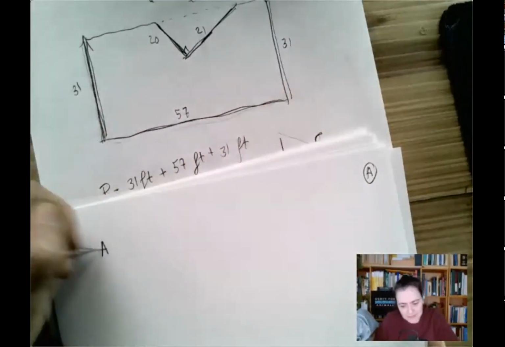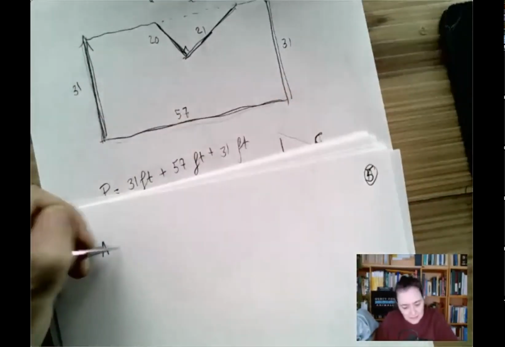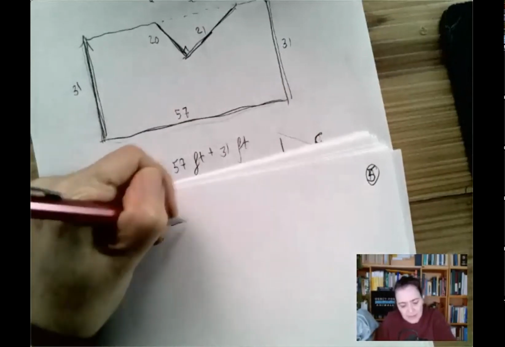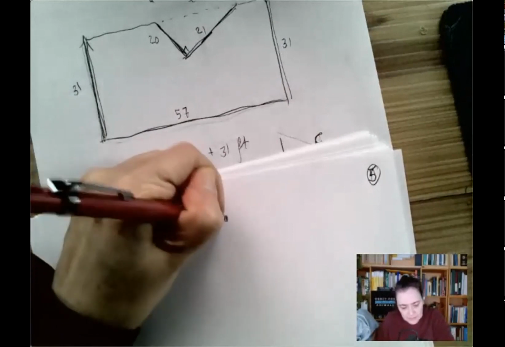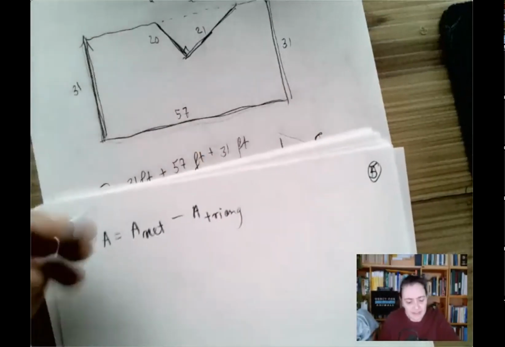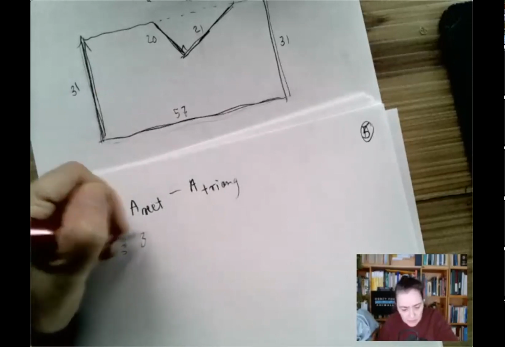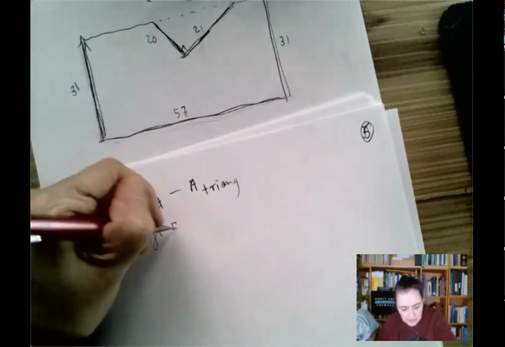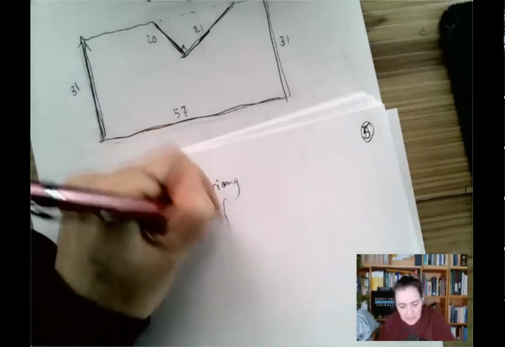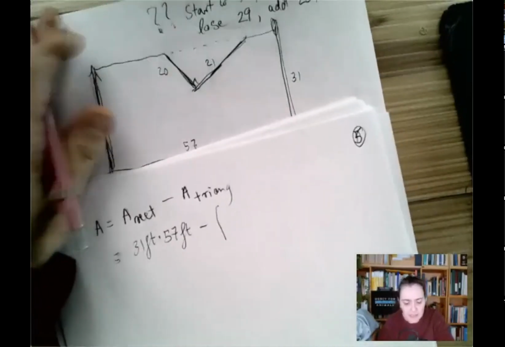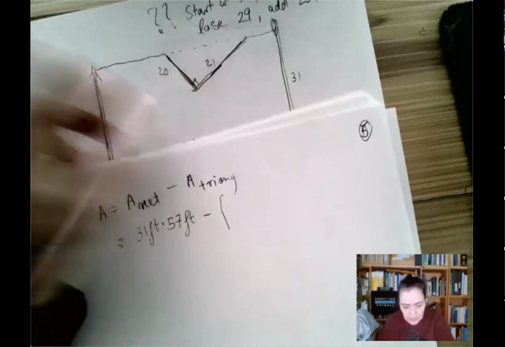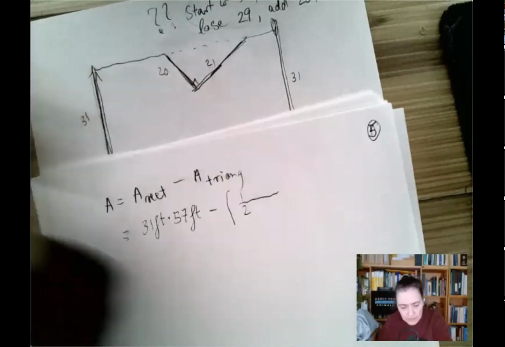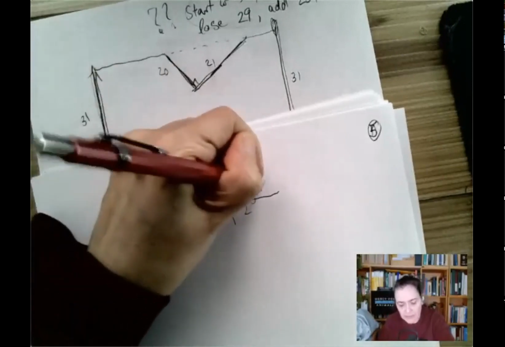So the area is the area of the rectangle minus the area of the triangle. I feel these Monday mornings. Okay. So the area of the rectangle is 31 feet times 57 feet minus the area of the triangle, which is, well, every right triangle is half of a rectangle, so it's 1/2 of 20 feet times 21 feet.